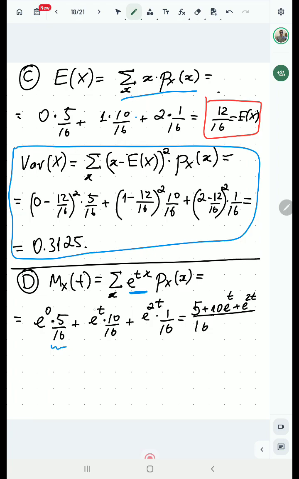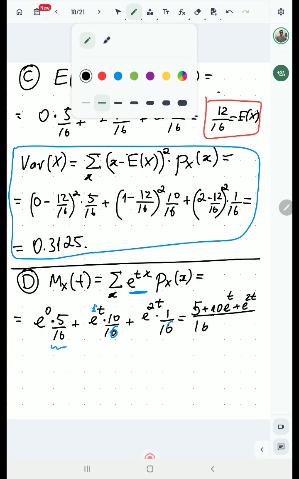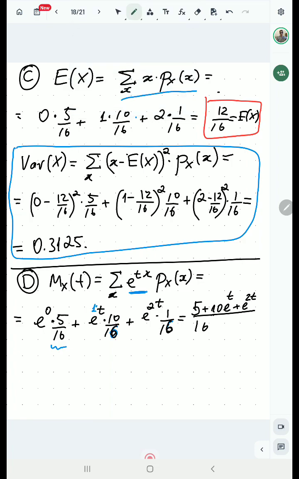The second value of X is 1, so e to the power t; we are evaluating the e to the power tX function at X equals 1. The probability of that value is 10/16, plus e to the power 2t times 1/16. These all have denominator 16. So as a result, you receive the moment generating function.